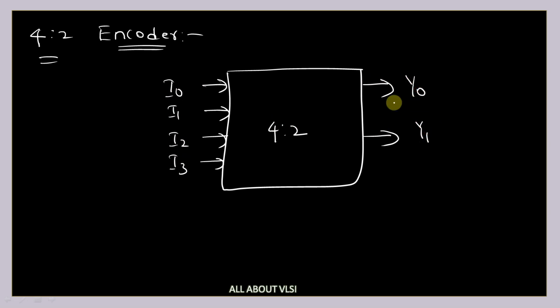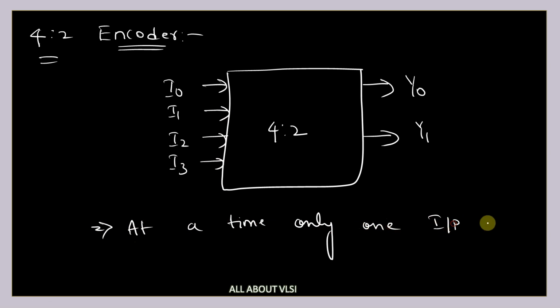Now in this encoder, these are your input lines, and at a time only one input line can be active. This is the requirement of this encoder.